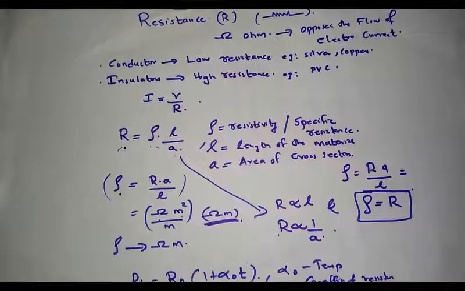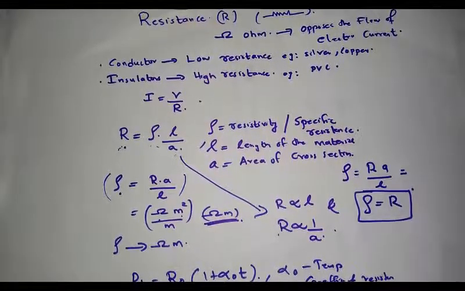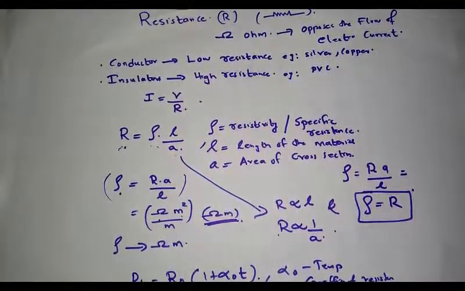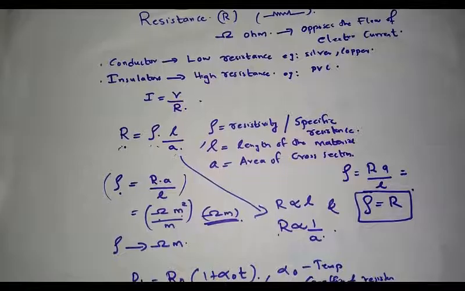Also, resistance is inversely proportional to area of cross section. Therefore, in order to decrease electrical resistance, we have to increase the area of cross section of the wire. So conductors with a higher area of cross section will have lesser resistance. Resistance increases with the length and decreases with the area of cross section.